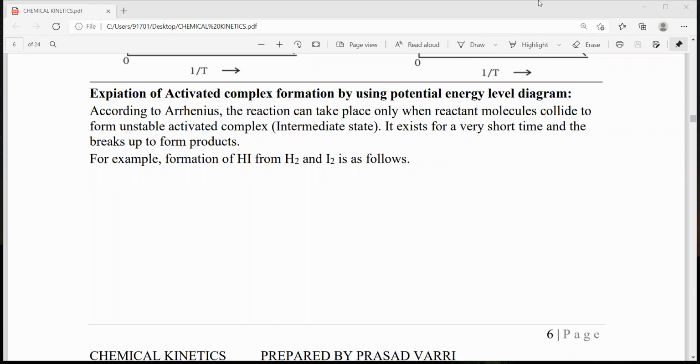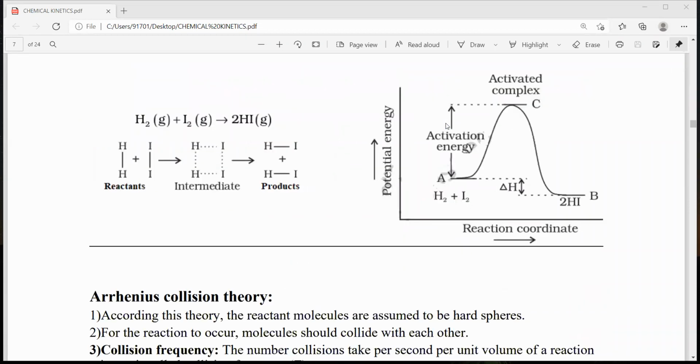Okay, just listen carefully. The graphical representation for the formation of the activated complex. What I said, dear students, is the formation of HI from H2 and I2. H2 and iodine I2 react with each other to form 2HI.